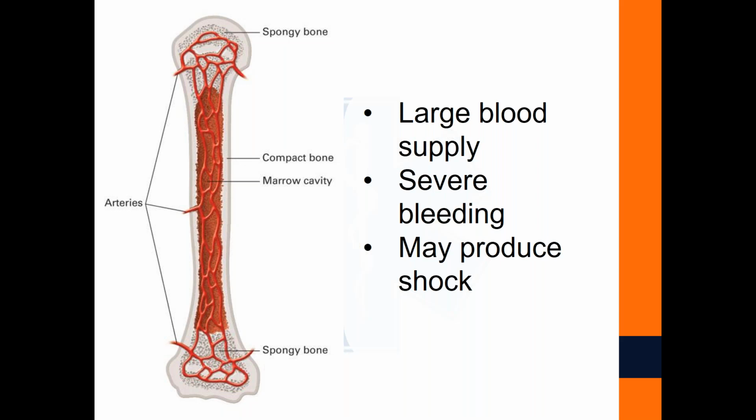So that means one broken femur can pour out roughly half of our circulating blood volume. And unless it's an open fracture, we may never see a drop of blood on the ground. What we'll see is maybe some rigidity when we palpate over where that fracture is because of all that blood having leaked into the tissue. We'll see some swelling, we'll see some discoloration.